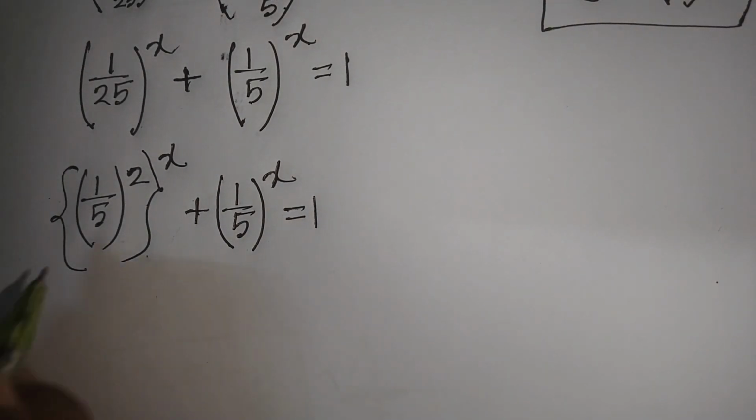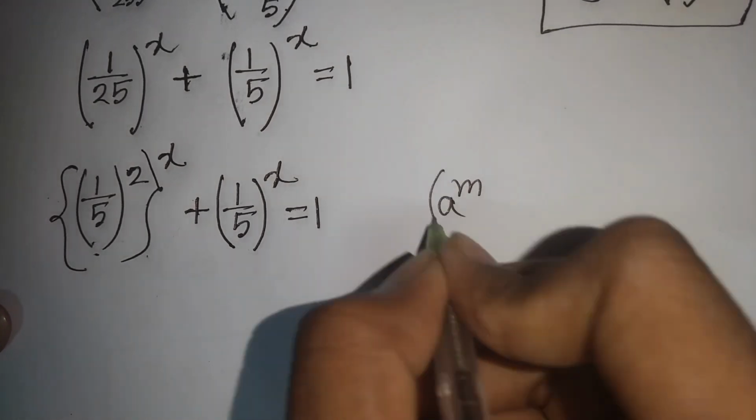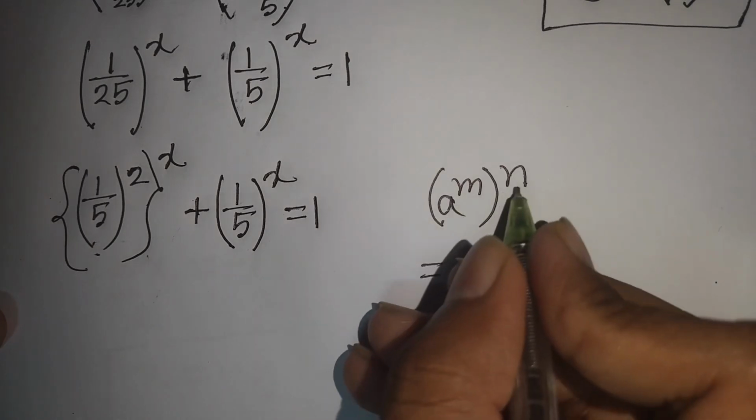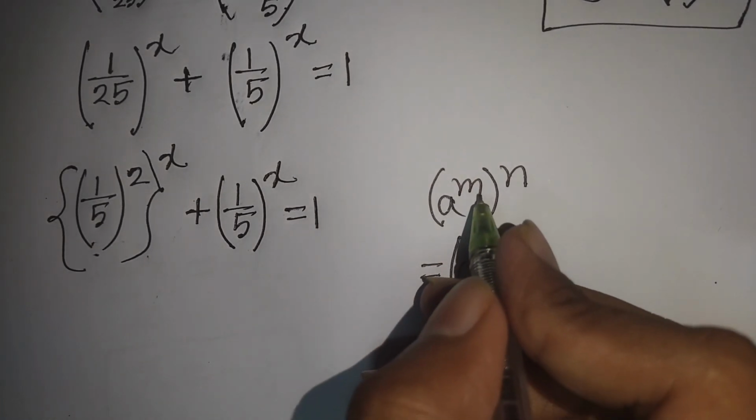Now, here I can apply this exponential rule that a power m bracket power n is equal to a power n bracket power m.